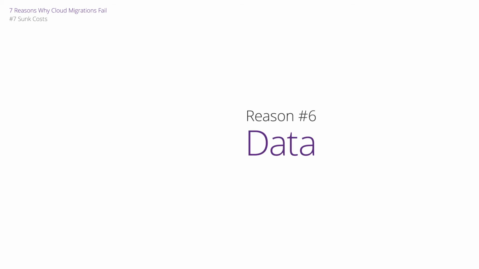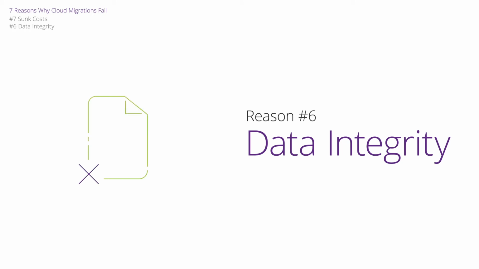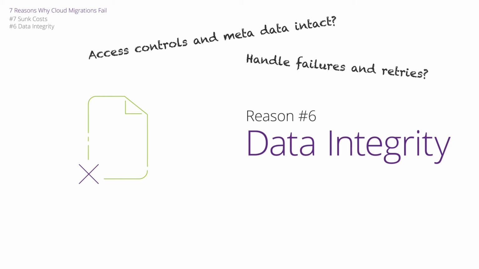Number 6, preserving data integrity when you're migrating data to the cloud is very difficult because, first of all, you have to ensure that all the access control and the metadata is properly migrated over to the new environment. And secondly, you have to handle issues like failures when you're moving data to the cloud.